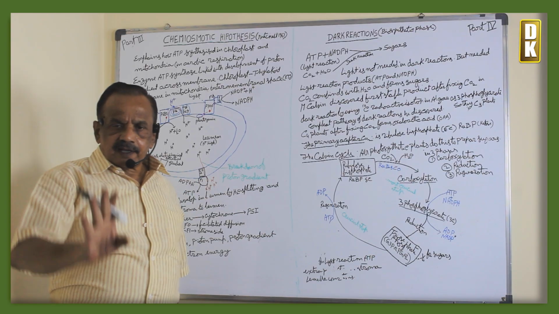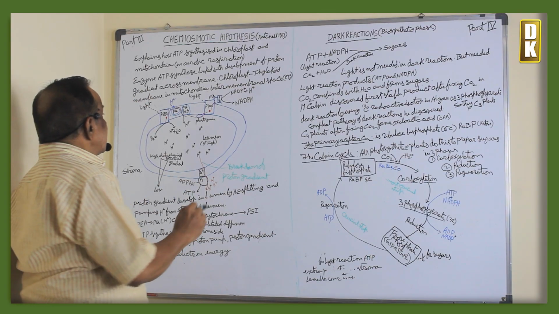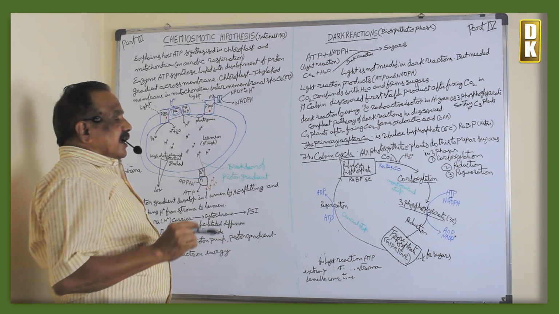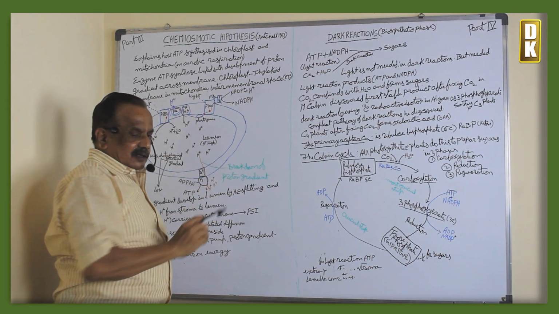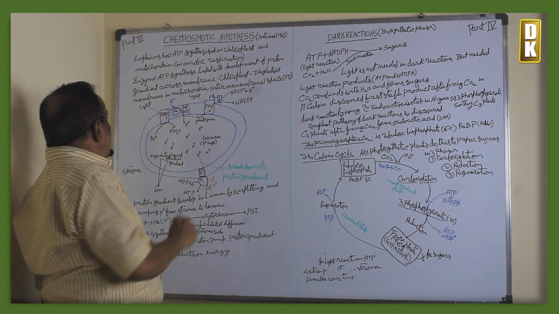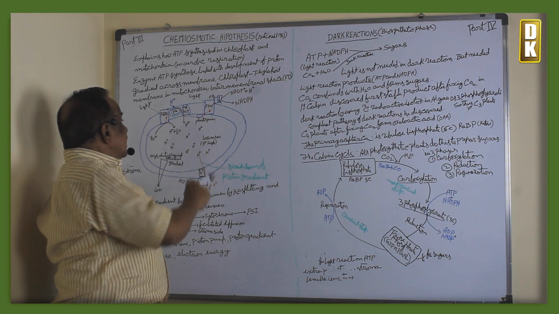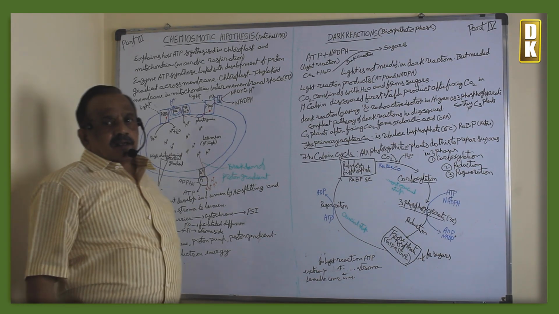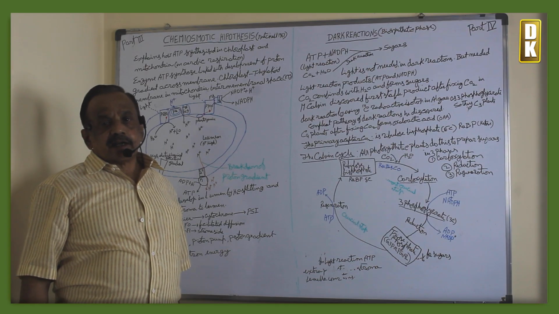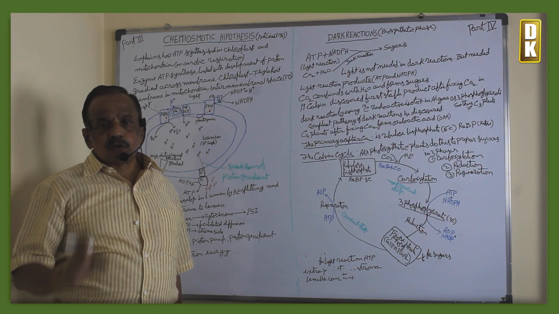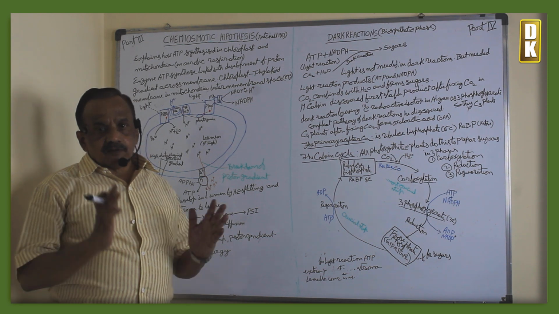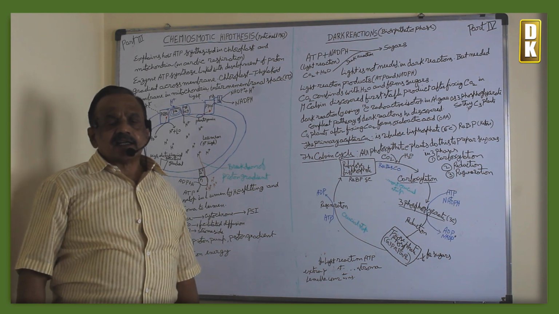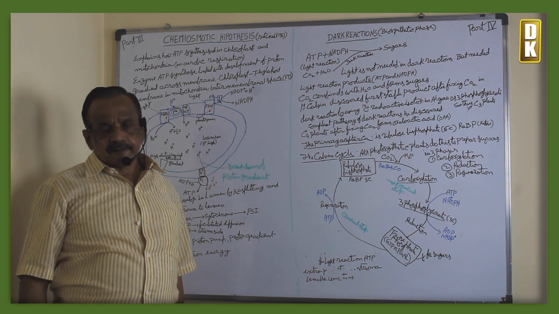Just wait. Now the thing is, where will it be taken? It will be in the thylakoid of the chloroplast and the intermembranal space of the mitochondria. Mitochondria has two layers, the outer layer and the inner layer. The space in between is called the intermembranal space.